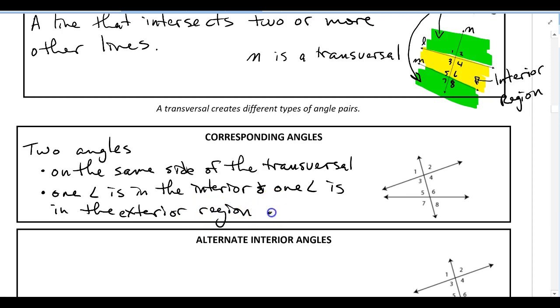And the last point is they cannot share a vertex.